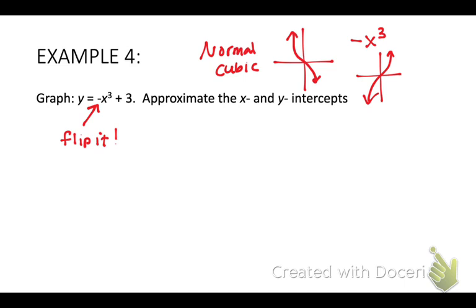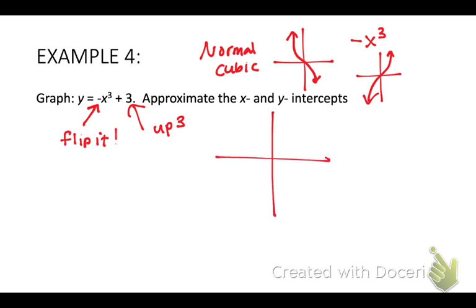Because you reflect it over the x-axis. So this goes down, this goes up, right? All right. Any guesses on what this plus 3 is going to do to it? Moves it up. Good. So this is going to move it up 3. So if it starts at the origin, now we're just going to shift this whole graph up 3.